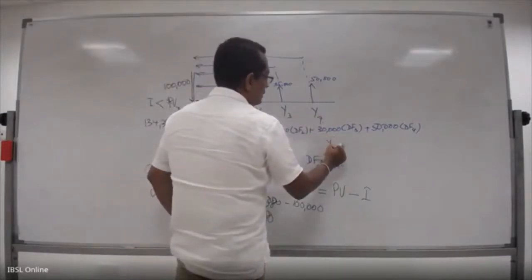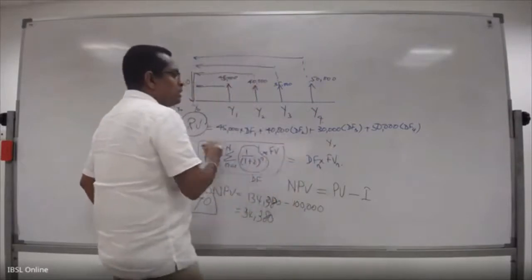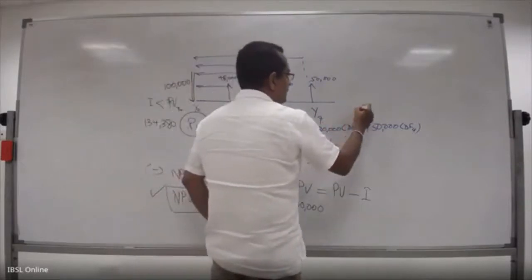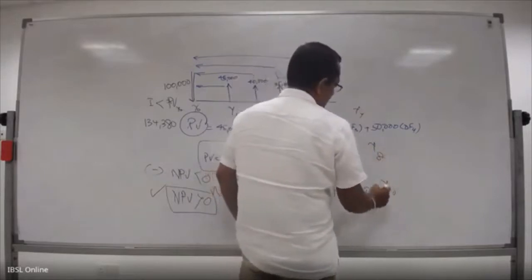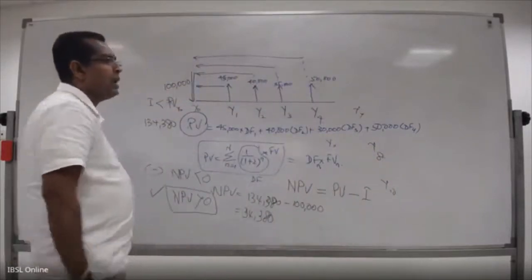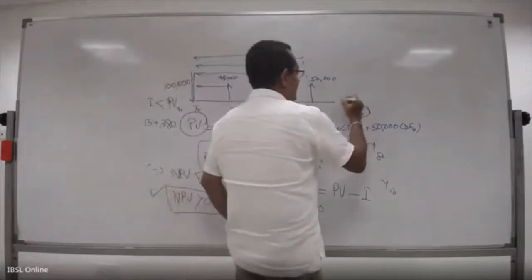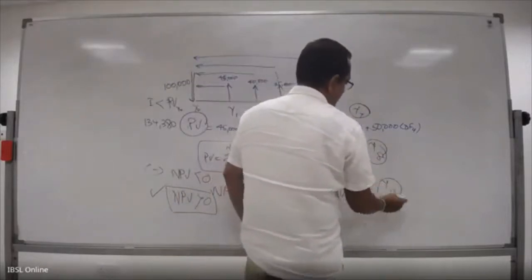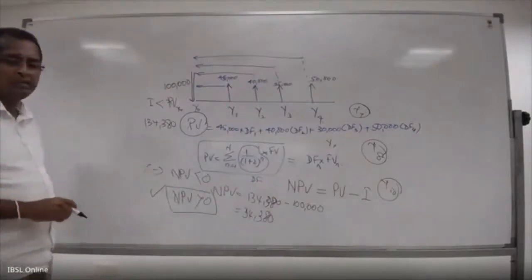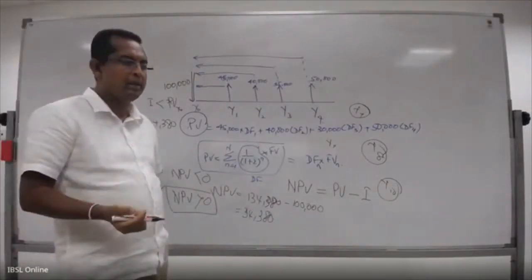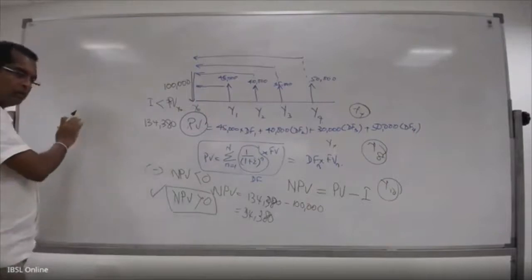Third one also 4 years. You can't compare a 4-year project, an 8-year project and a 10-year project. You have to have all the projects of similar size and similar lifespan, right? So this is called net present value calculation. You can see this part also.